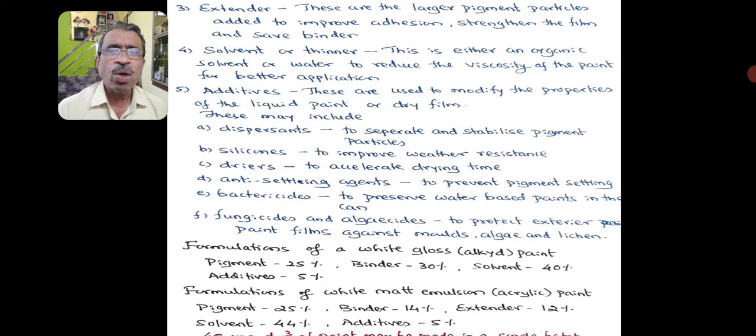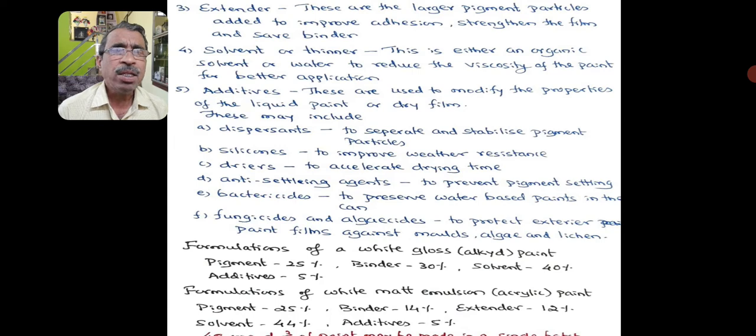Now let us know the formulations of alkyd paint and emulsion paints or acrylic paints. Acrylic paints are water based, and alkyd paints are basically solvent based, which are used for painting doors and so on.